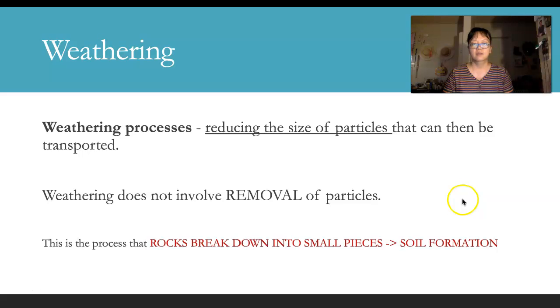The weathering process is a process of reducing the size of particles that can be transported. So it is not a process of transportation. We're going to talk about transportation pretty soon. Weathering does not involve removal of particles, which means it's an on-site process.